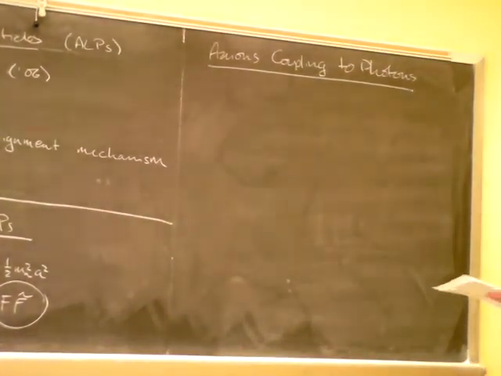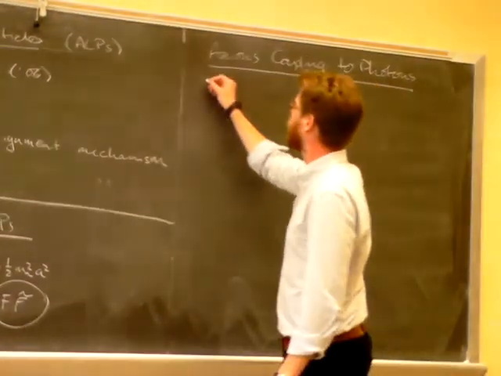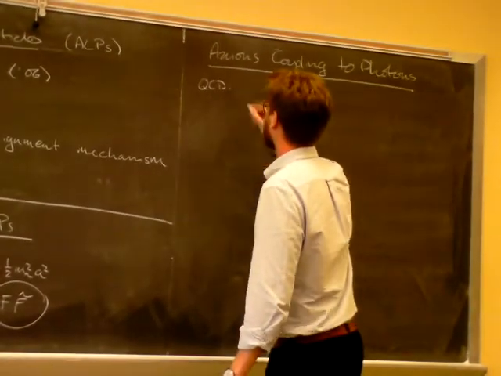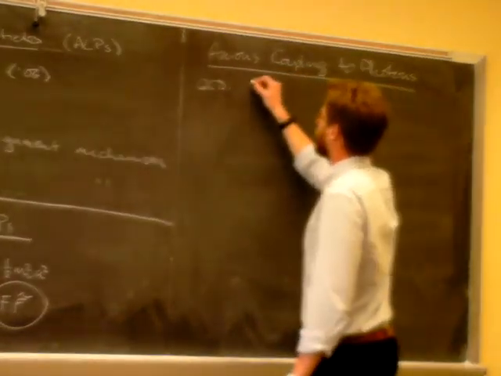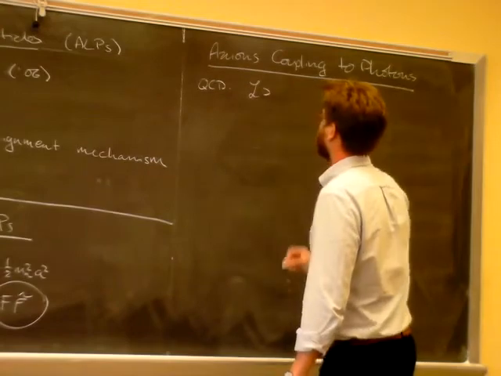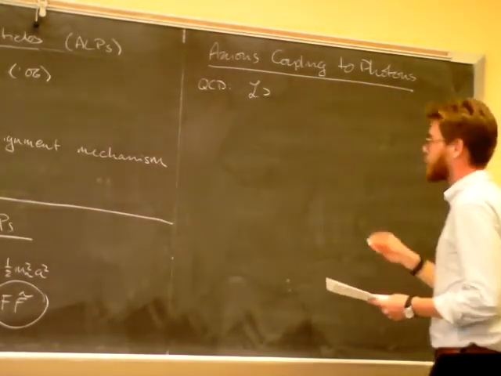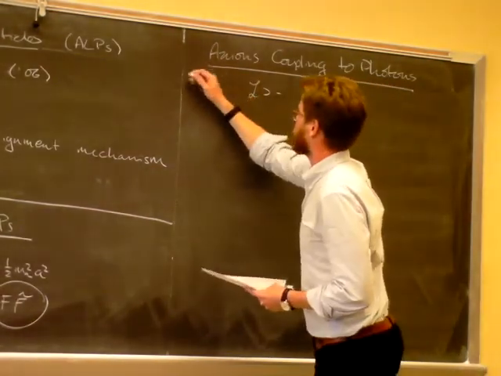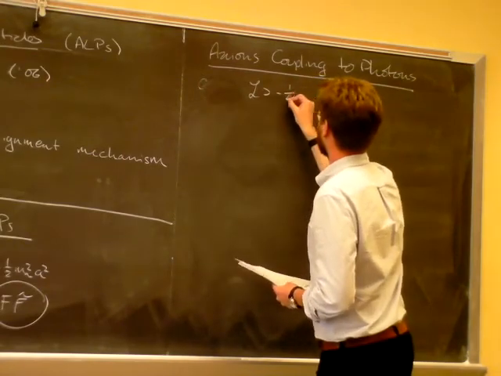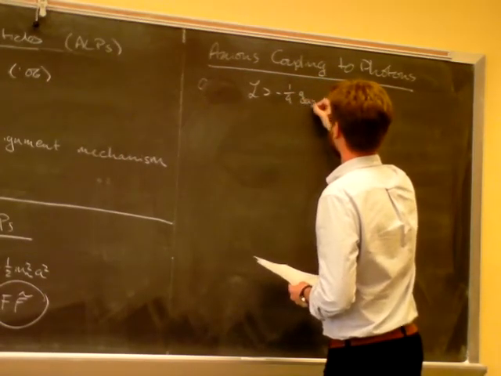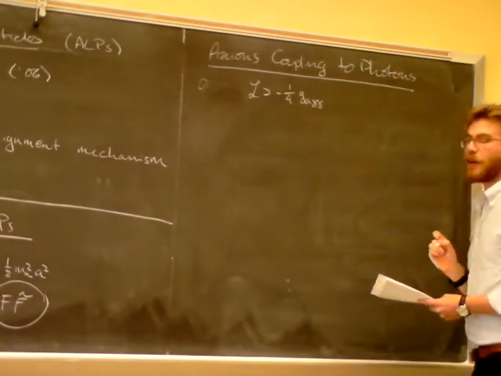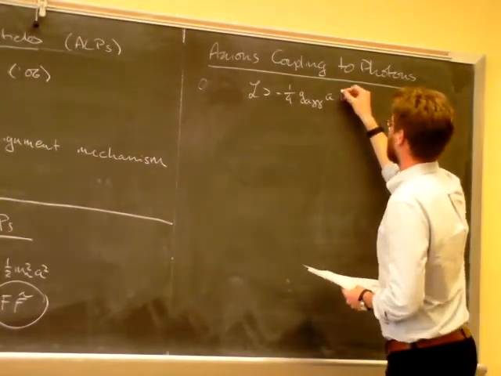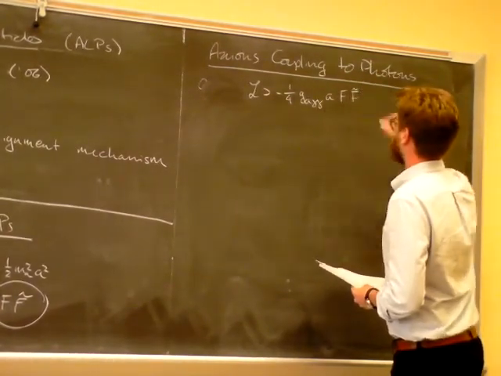So in the case of the QCD axion, the Lagrangian for the axion coupling to photons, and well, in general actually, it'll just be written in this way. So I'll define the coupling to photons g_aγγ, the axion field, and F F dual.